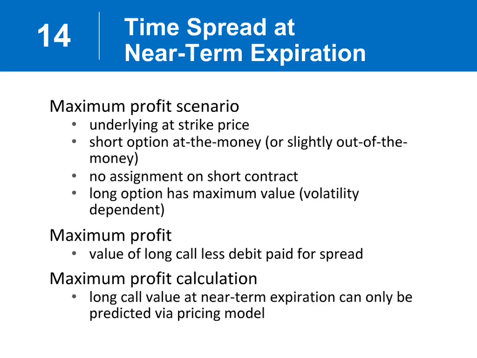In the vertical spread, where, in our example, we were long the 50 and short the 55, the maximum value of the vertical spread is always the difference between the strikes less the debit we pay for the spread. But because of the wild card of what the implied is going to be and the value of that long option after your front month option expires, it's hard to ascertain exactly what the profit potential will be.